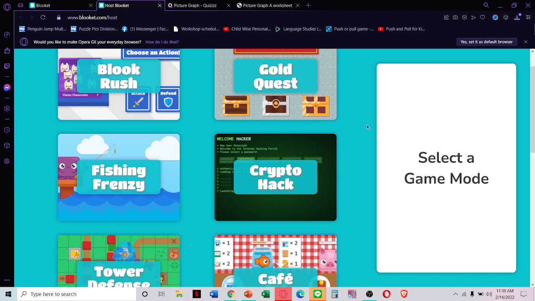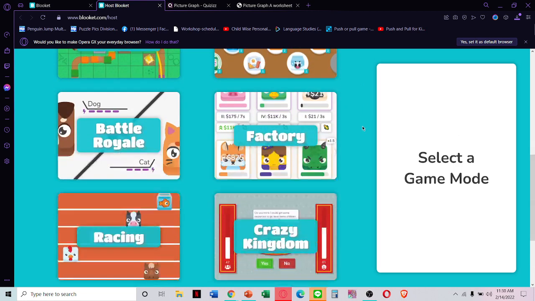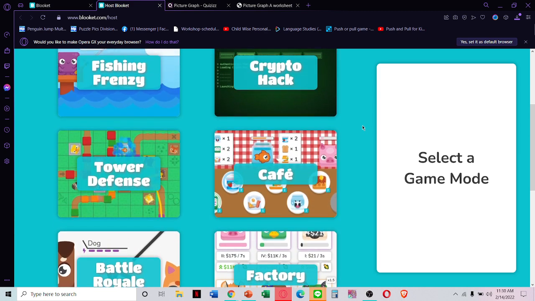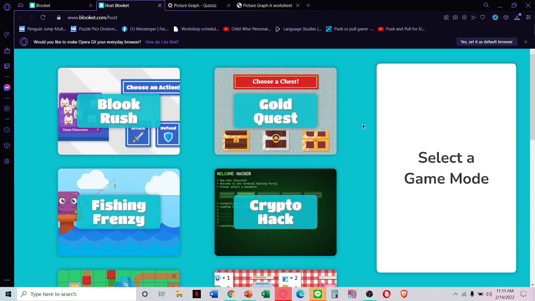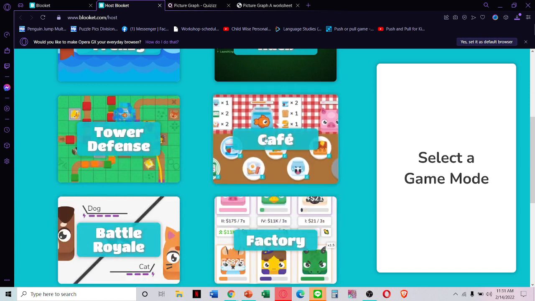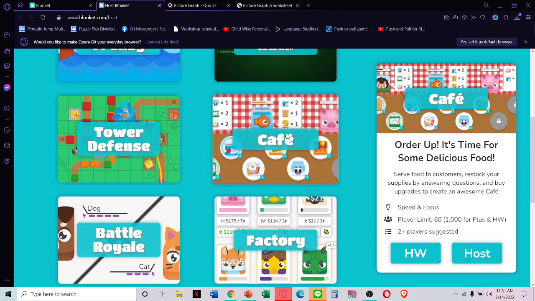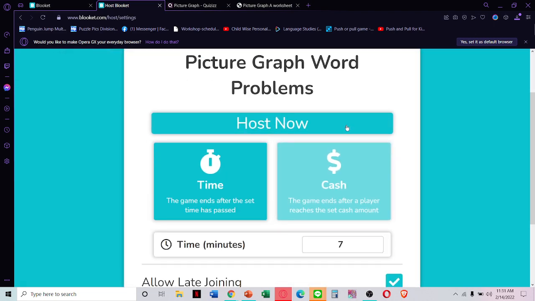How about Quest? Who else? Which one do you want? Gold Quest. Tower. No, tower is not on the front. It's hard. Cafe. Yes. How about cafe? No, I don't want cafe.